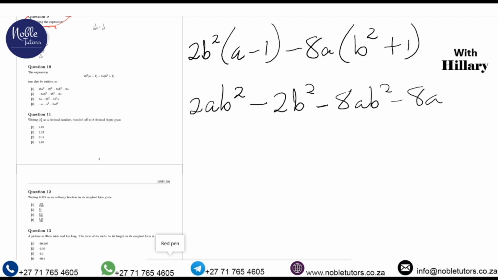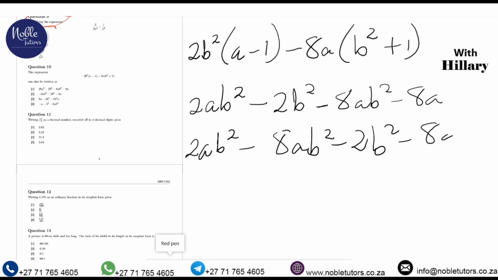Then after that, we group like terms, similar items. So we're going to say 2ab squared minus 8ab squared, minus 2b squared, minus 8a. Which then goes further to say 2ab squared minus 8ab squared gives us minus 6ab squared, minus 2b squared, minus 8a.